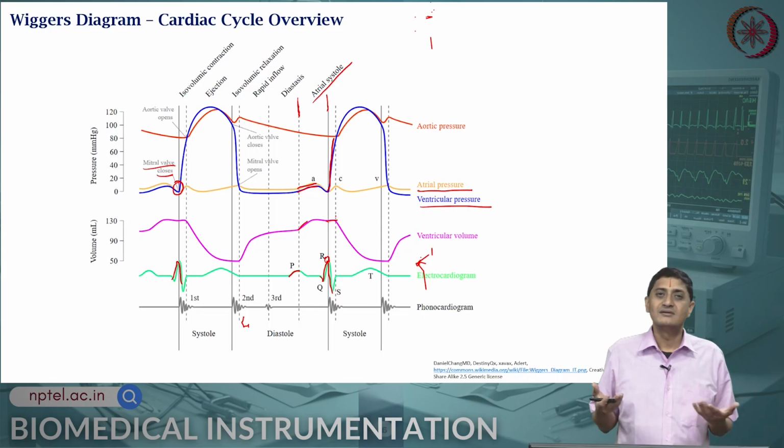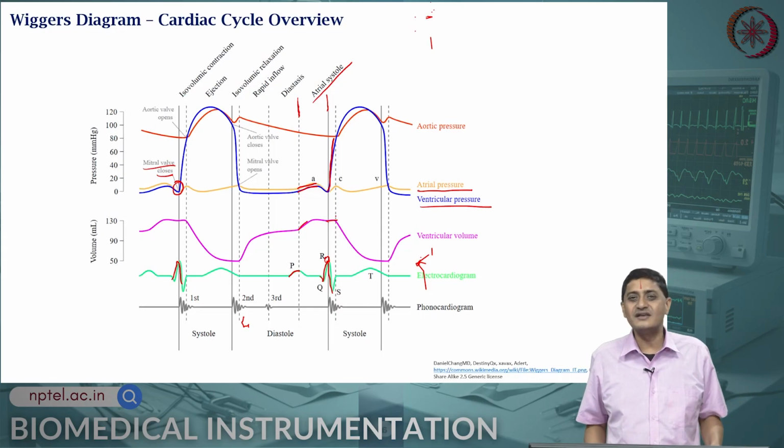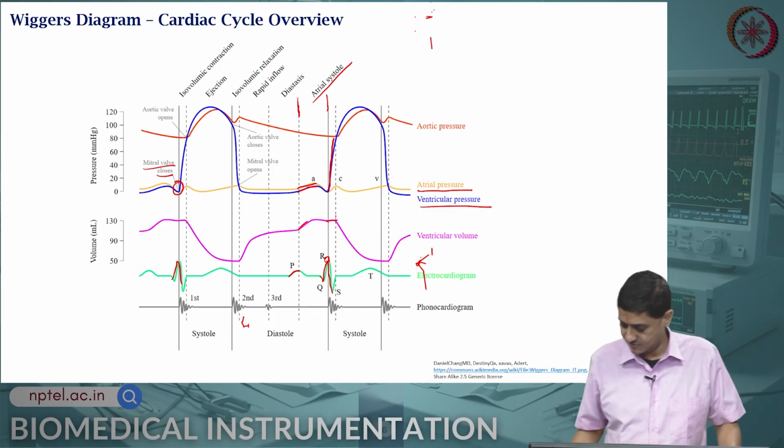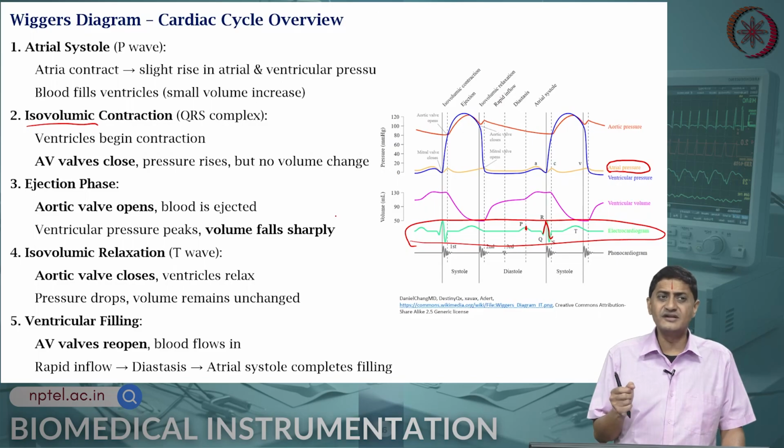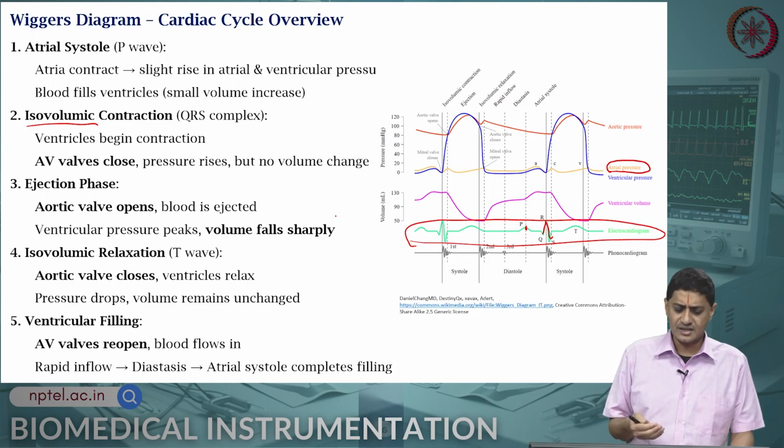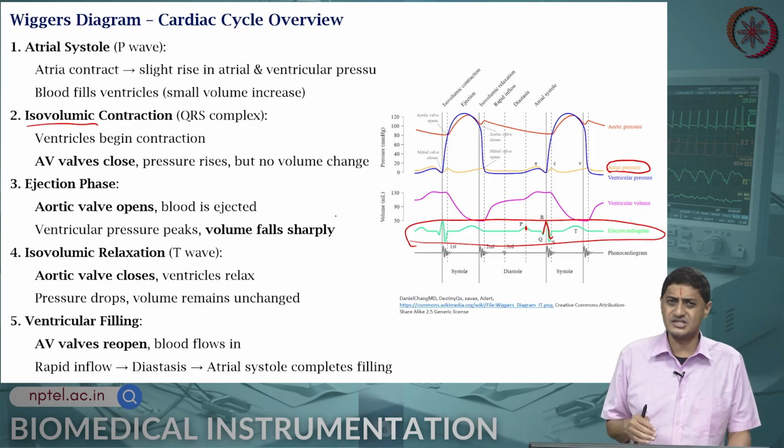Flat means the volume does not change, that is the isovolumetric contraction. Then the ventricle contraction continues, the AV valves close and the pressure rises, but the volume itself does not change, is it not?